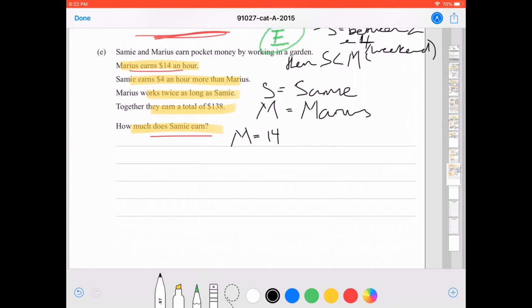Just thinking about how to write this, we can't quite say M equals 14M, but I do want to use S and M as representing the hours of each of them. Let's just forget the M equals, and let's say 14M. Okay, these are in terms of hours.